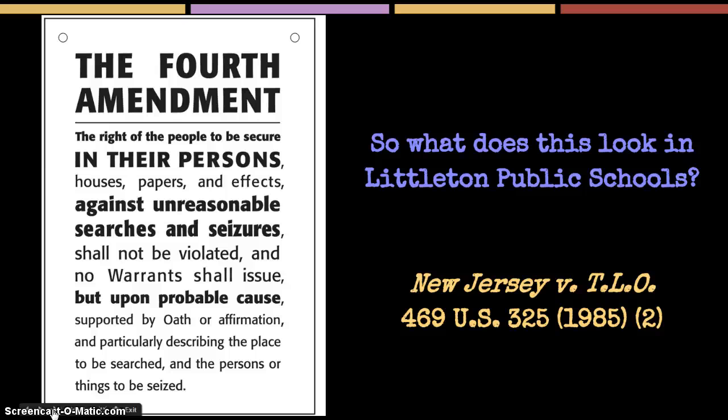And so when they tried to discipline her for that possession of marijuana, she took it to the courts and said that it was a violation of her privacy, and she was searched illegally according to the Fourth Amendment. The courts actually ruled in favor of the school, and from there we set forth a lot of the rules and regulations that I'm going to talk about next throughout the rest of the presentation.